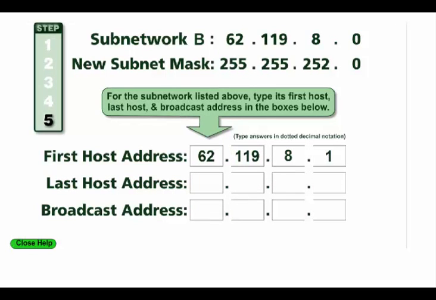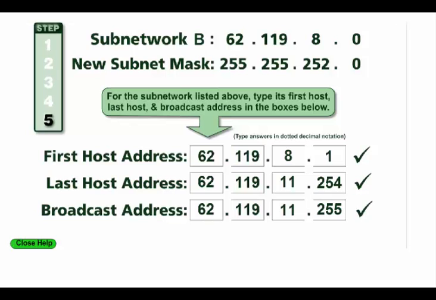Since subnetwork C's address is 62.119.12.0, then subnetwork B's broadcast address is 62.119.11.255, and subnetwork B's last host address is 1 less than its broadcast address, or 62.119.11.254.